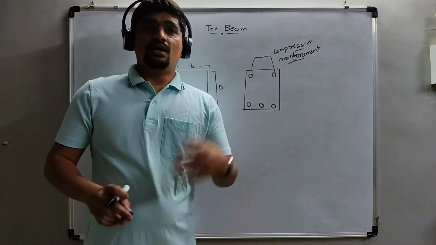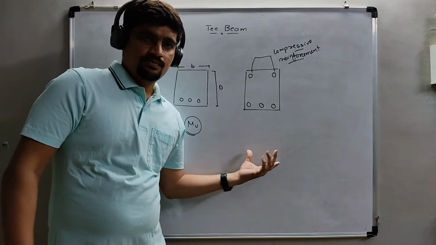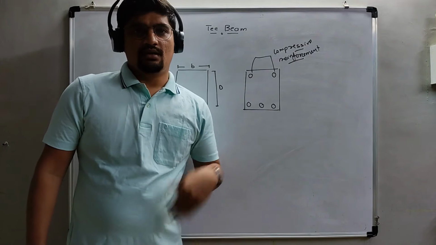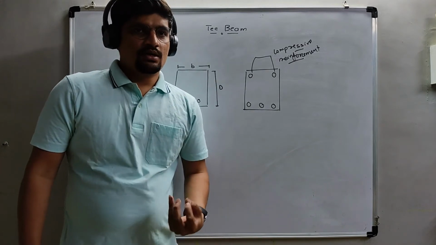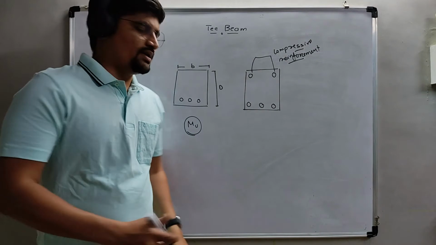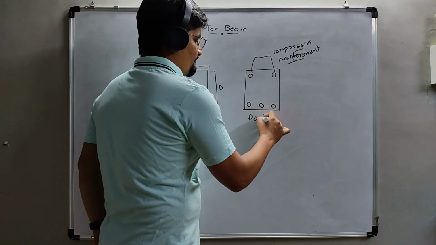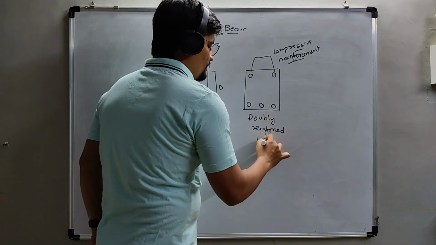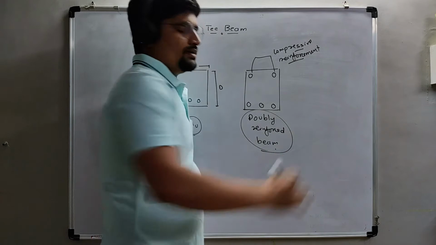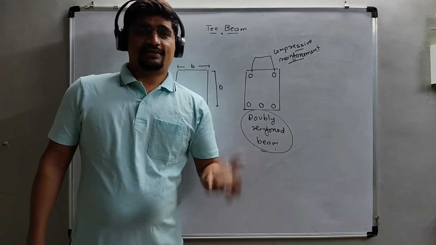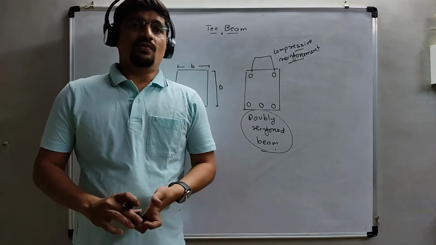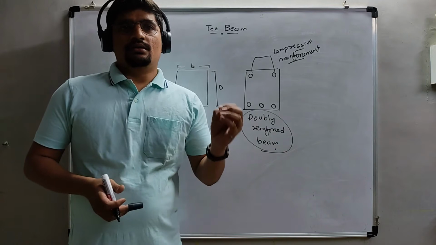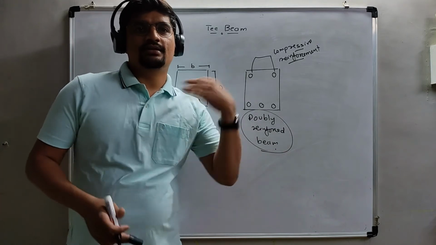In some cases, if we can't increase the depth of the beam, we can provide another set of reinforcement on the upward side, which is the compressive reinforcement, in the form of a doubly reinforced beam. These two beams we have already understood in the last lectures. If anyone missed the last lecture, I am providing the link here where you can go and study these two beams.